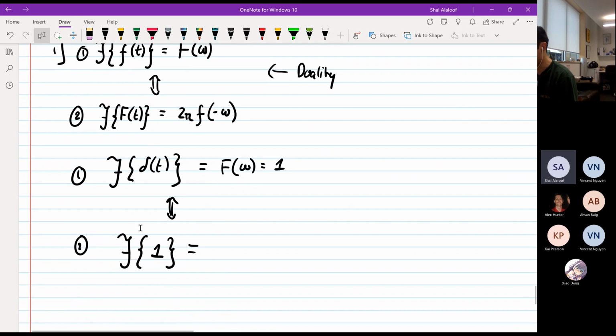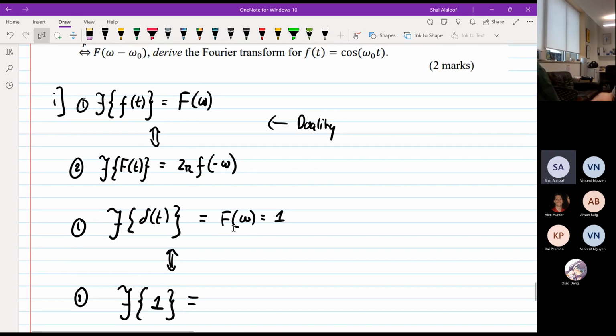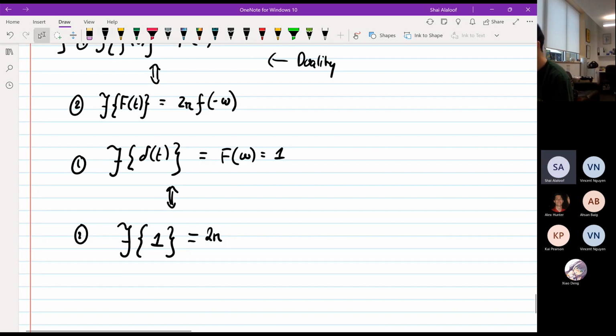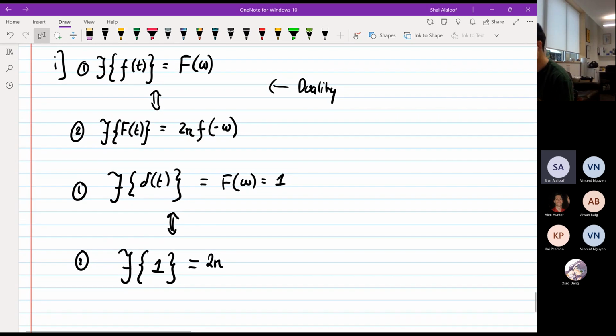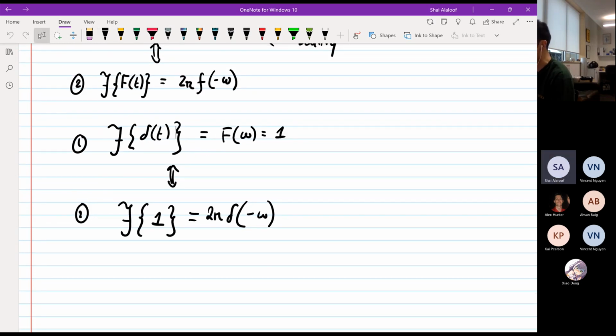So then the Fourier transform of 1 is equal to 2 pi and then the original time varying signal, which was Dirac delta of t, but then substitute minus omega. And that's it.